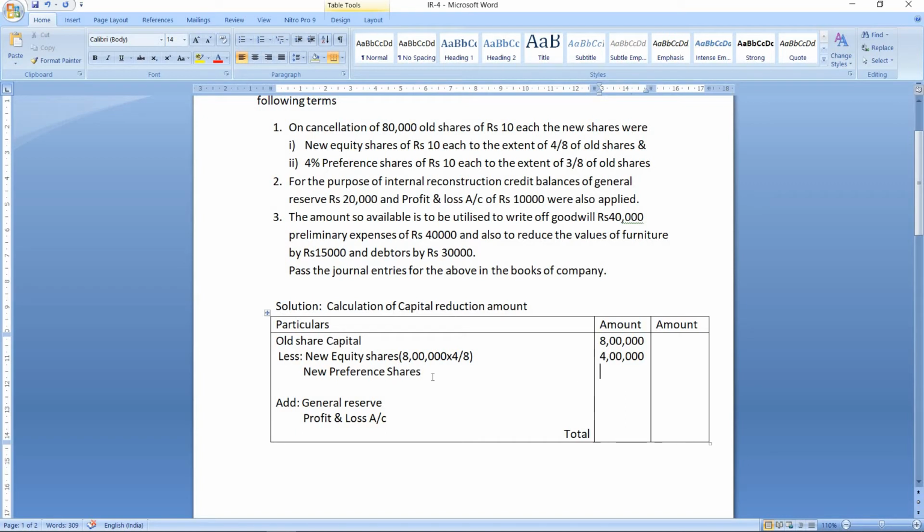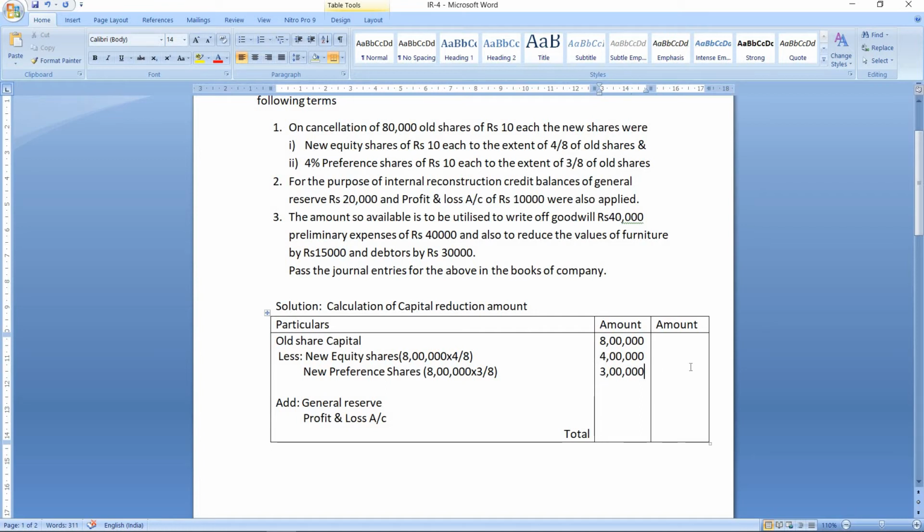And preference shares are to be issued to the extent of 3 by 8. So your actual share capital is 8 lakhs. From that your preference shares are 3 by 8. Okay. So your preference share capital amount will be 3 lakhs. Okay. So out of 8 lakhs, 4 lakhs and 3 lakhs is your share capital.